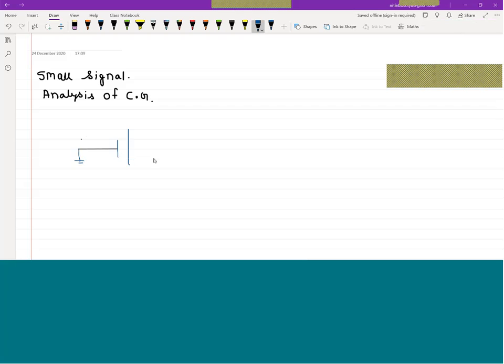This is my source terminal. This is R signal. This is V signal.